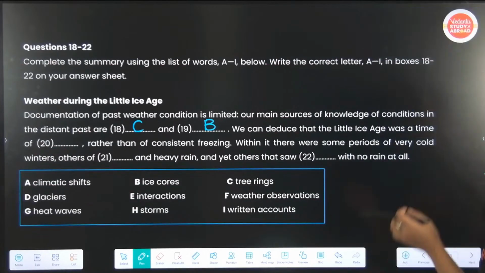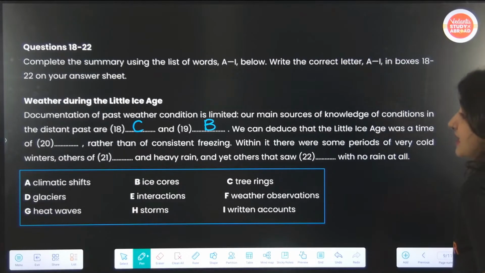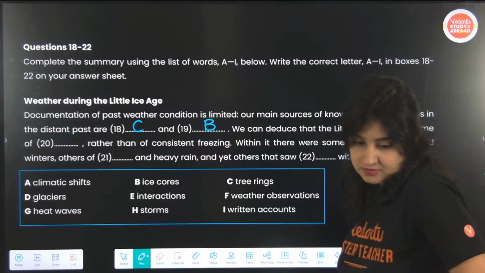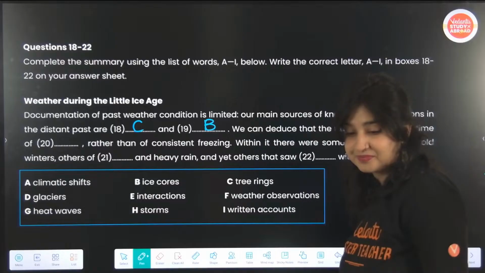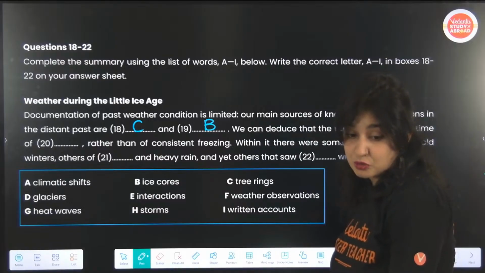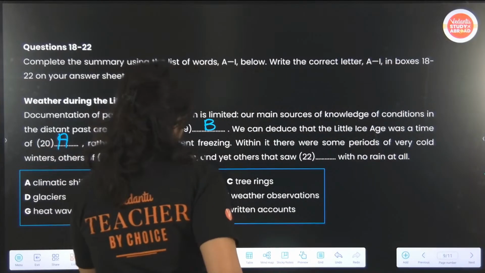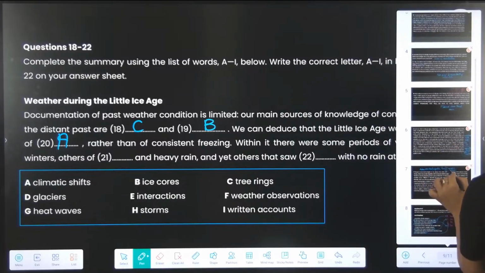That's right. Then we can deduce that the Little Ice Age was at a time of blank rather than of consistent freezing. A. And does it use this word exactly? Absolutely correct. Climatic shifts. We can go back and confirm over here.